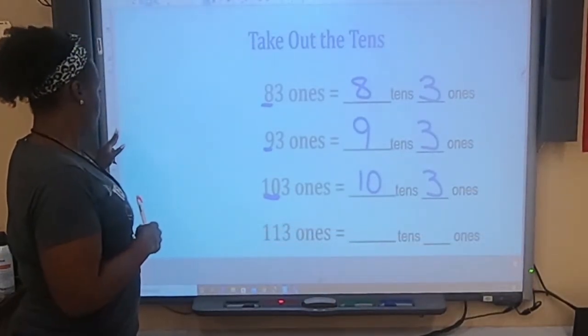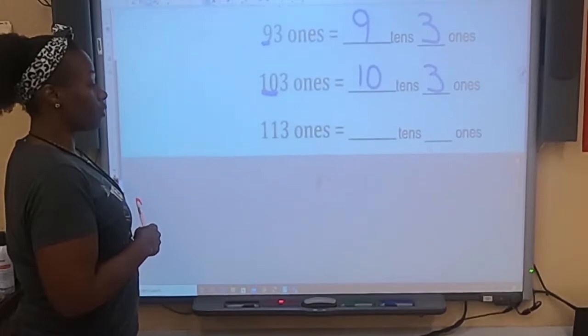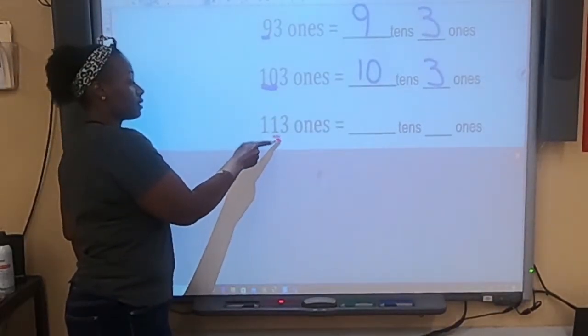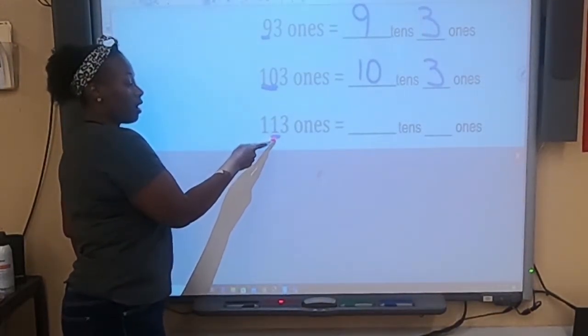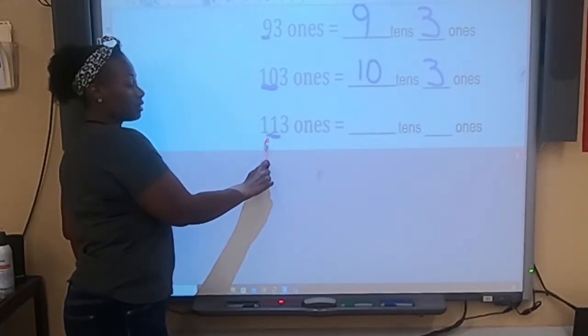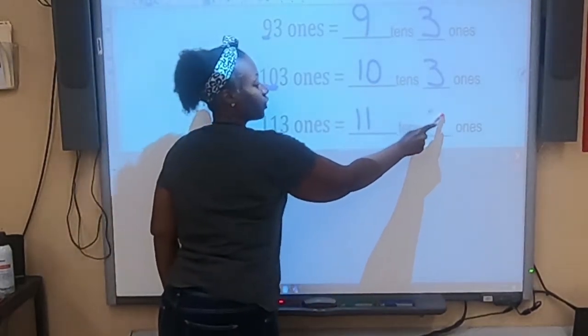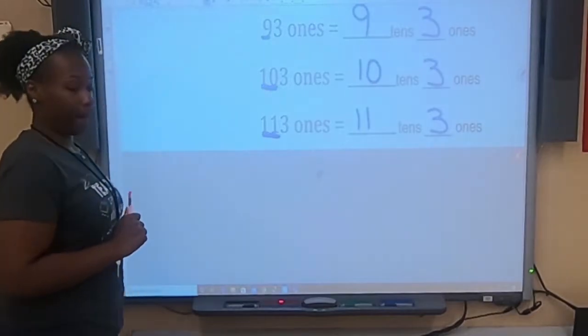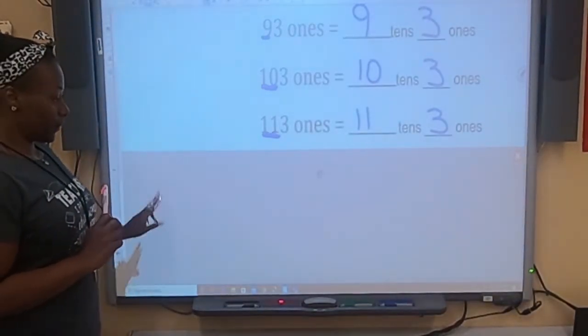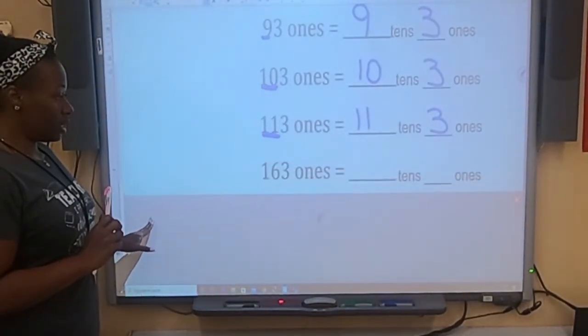Same thing for this one. We have 113 ones. Well, notice my tens place is right here. But this one in the hundreds, I'm going to keep it together with my tens, which means I need 11 tens, 3 ones. Let's try one more.